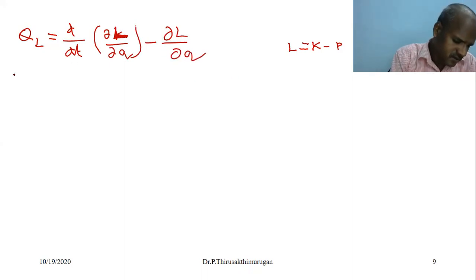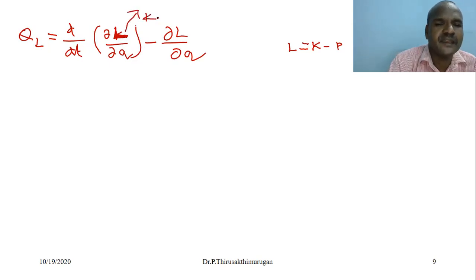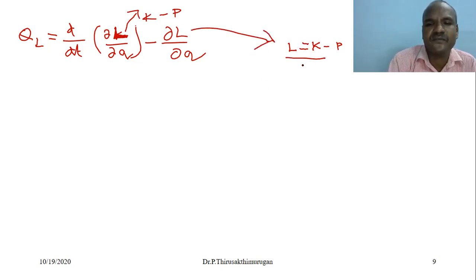Okay. So what is QL? Instead of L we can substitute K minus P. Instead of L you substitute this. This is a representation of the Lagrangian function.